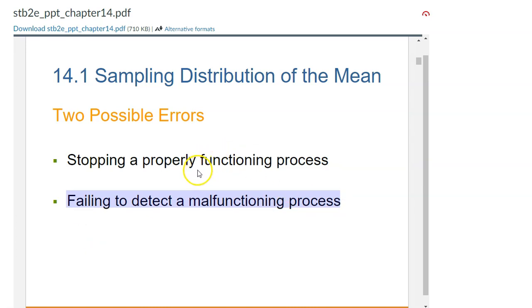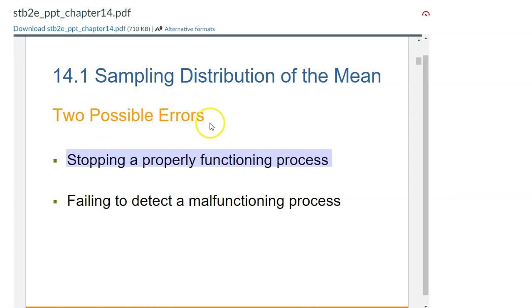Put it in a different way of saying is that if a system is working properly, is working well, and because of data analysis that is being done by mistake or having some errors, we consider that system is not working properly. So system is working properly, but based on our research, based on our data analysis, we decide that the system is not working properly and we stop the system. So that's an error, right? So that's one type of error.